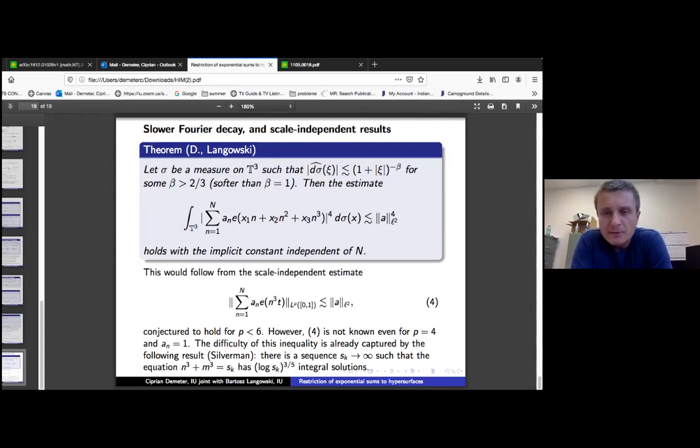Well, it's because of deep results in number theory. I only cite Silverman. It says that there is a sequence of scales s_k as k going to infinity, such that there are more than O(1) solutions to the equation m cubed plus n cubed equals s_k. And these solutions are quite exotic, and it's a complicated problem about elliptic curves, pretty much, that makes this whole discussion rather difficult.